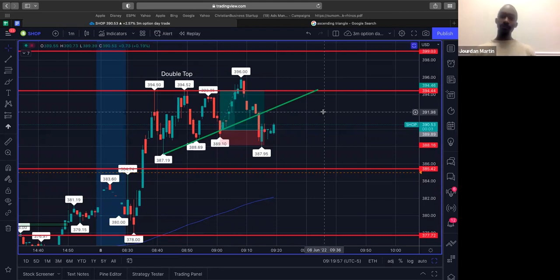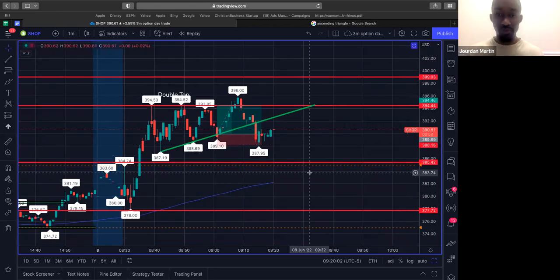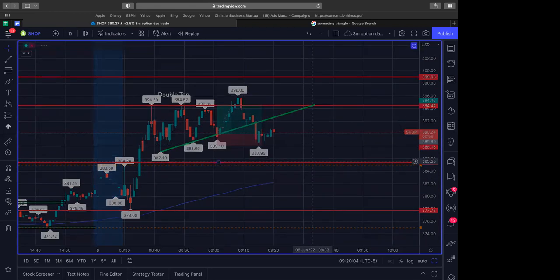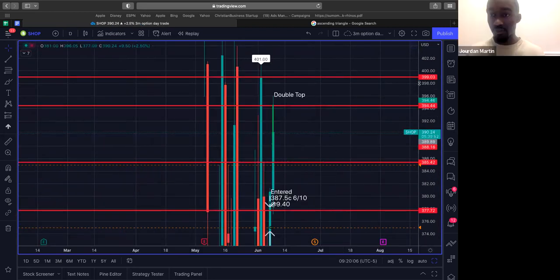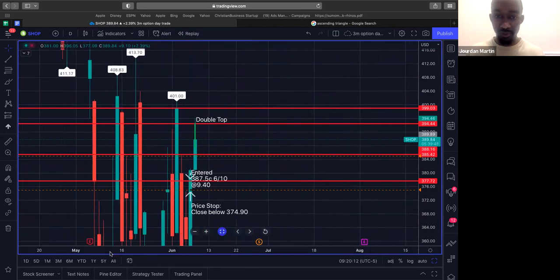But this is all I was looking at for Shop was that continuation. And the reason I had that 400 price target was because we had a gap fill up to around that 400 level.